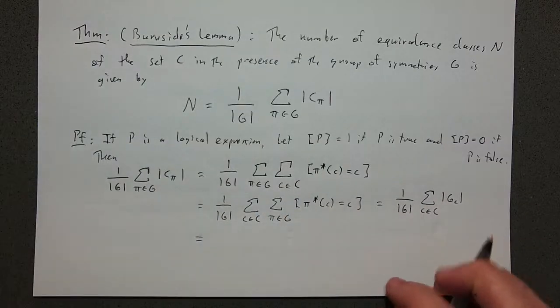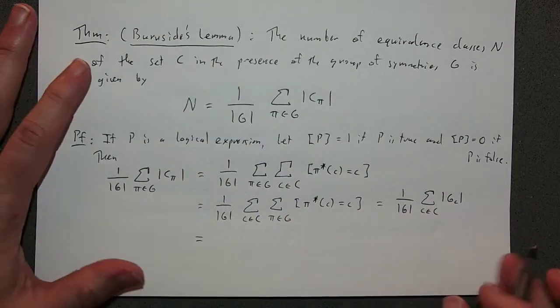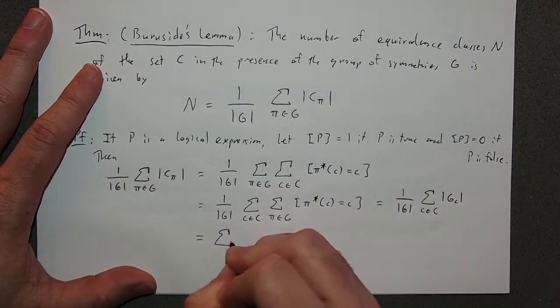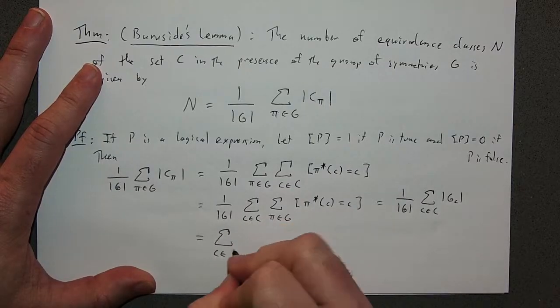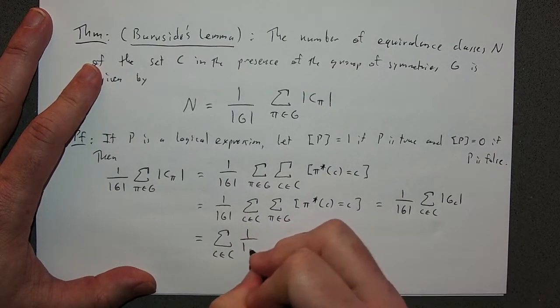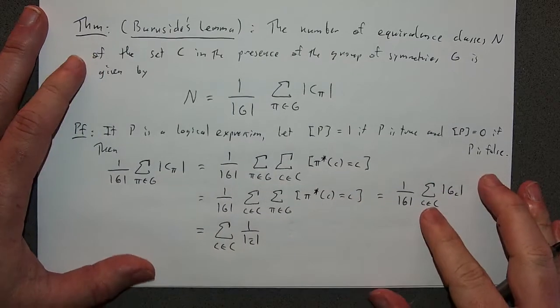This size of G is going to cancel out with that size of G and leave me with the sum over C in C of 1 over the size of the orbit of C.